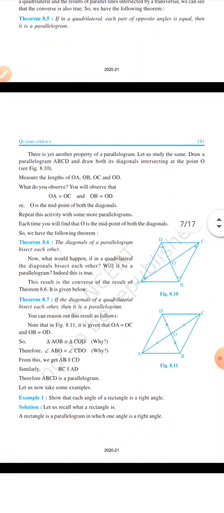That's so. Moving on to the next, that is theorem 8.6. The diagonals of a parallelogram bisect each other. That we have to prove.